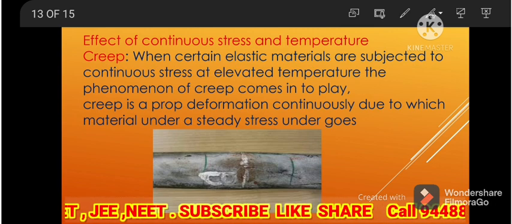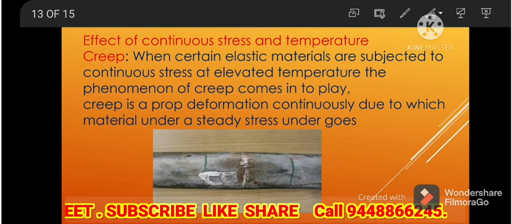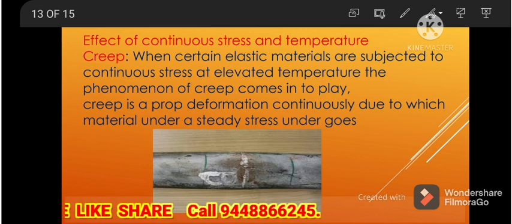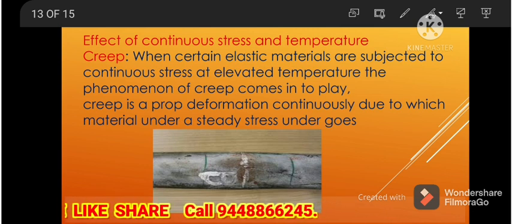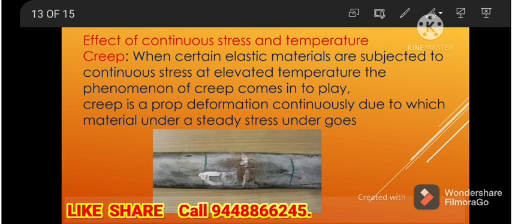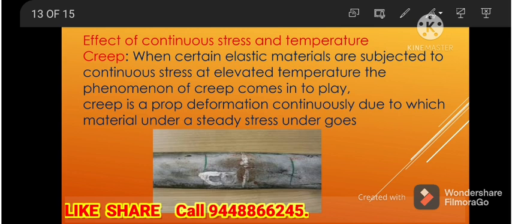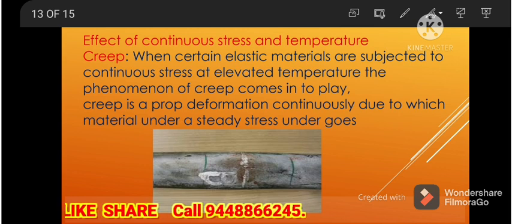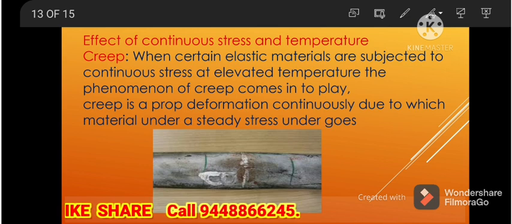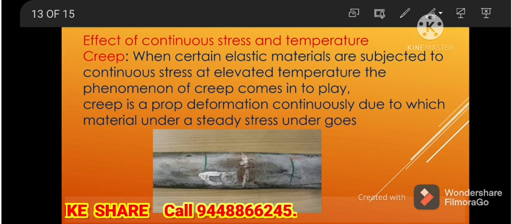Now this is a very important thing we must know: creeping. What exactly is creeping? When certain elastic materials are subjected to continuous stress at elevated temperature, the phenomenon of creeping comes into play.